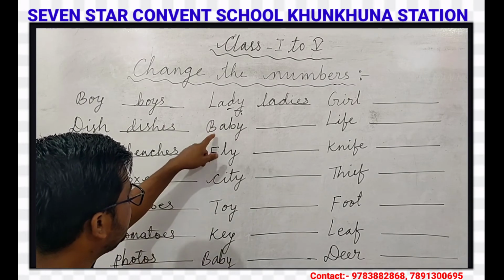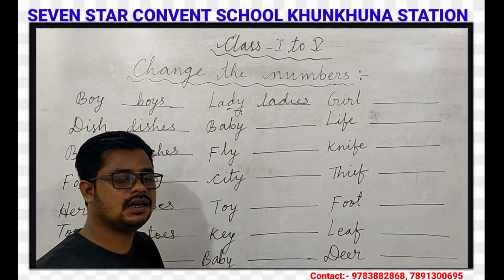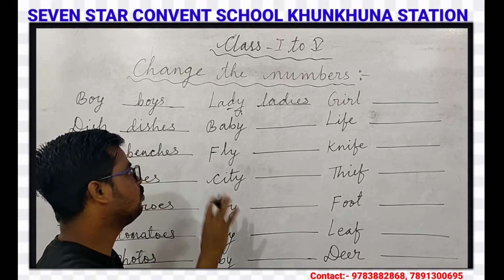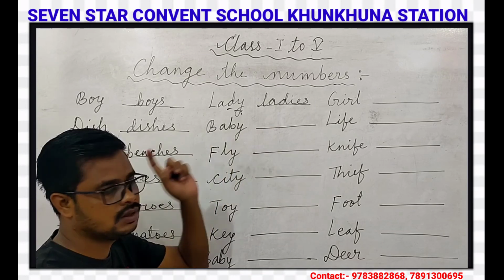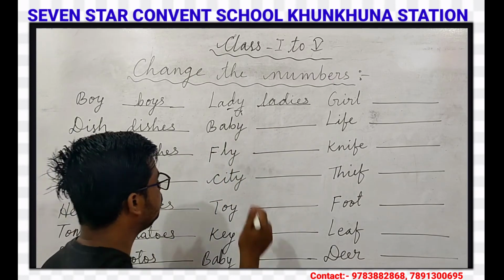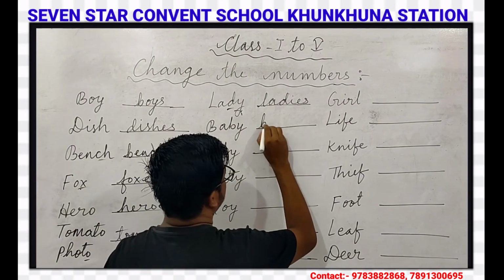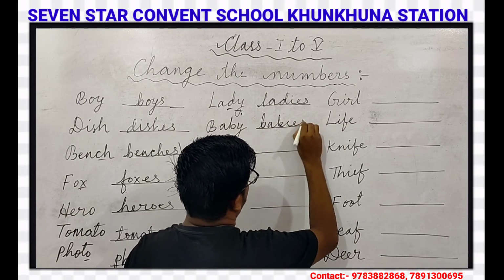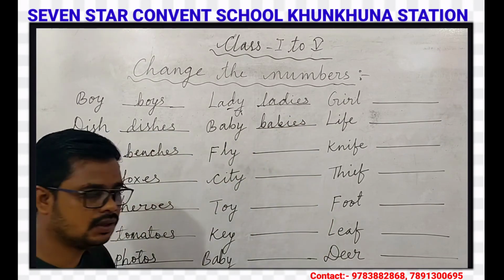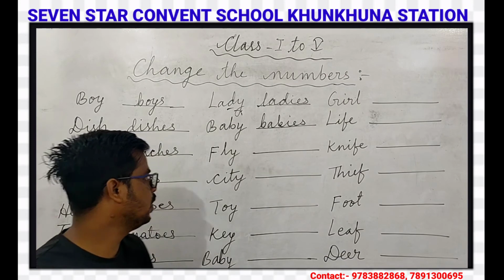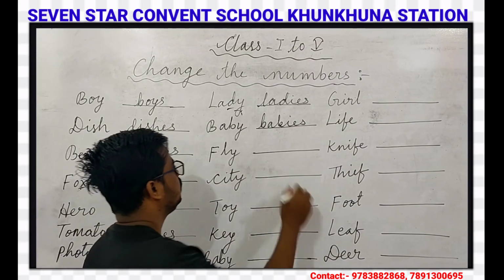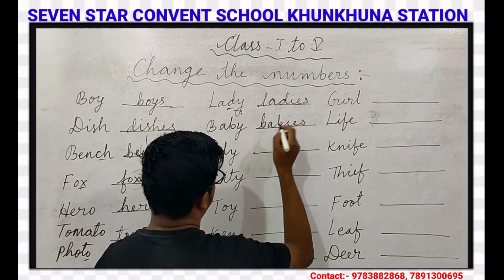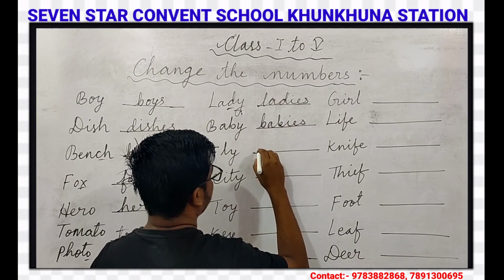Our next question, baby. Here also the last letter is y, and before y there is a consonant. So in the same way we change baby. Baby will become babies. Fly. Its last letter is also y, and before y there is a consonant, so it will be the same as ladies and babies.